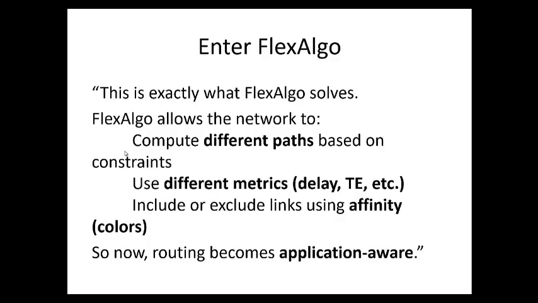As a result, the routing is not simply routing based on the best path, it is application-aware routing, because each application has different demands, different expectations. To identify the path that matches the expectation, flex algorithm is needed.